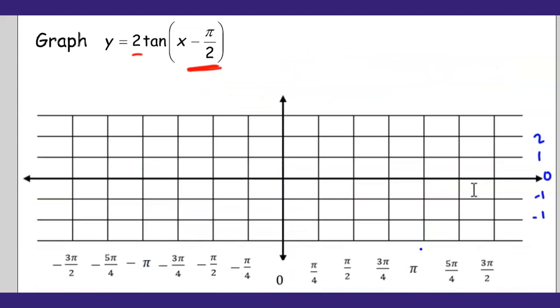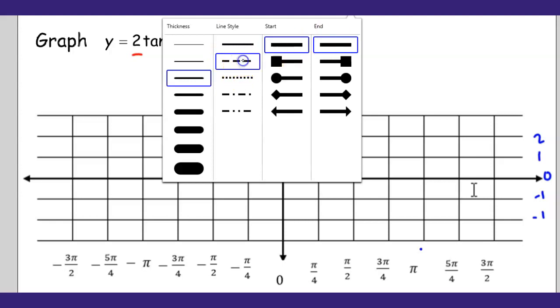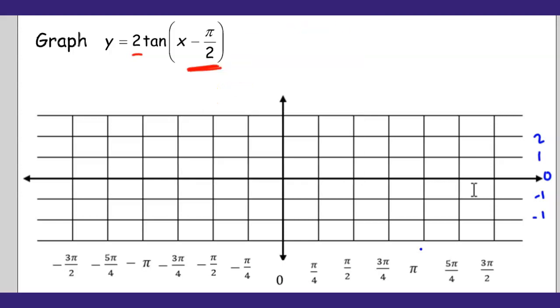So I'm going to move the asymptote to the right by half. So what was once right here at pi halves is now right here. And the one that was right here is now right here.